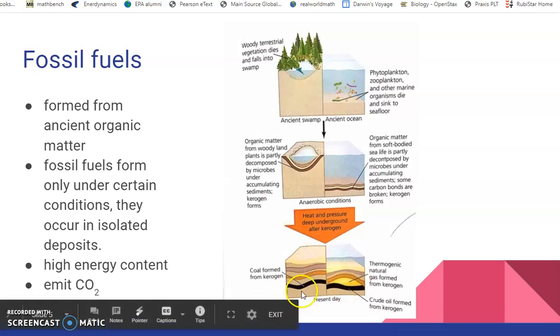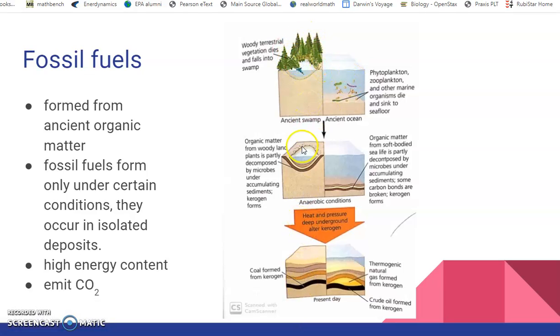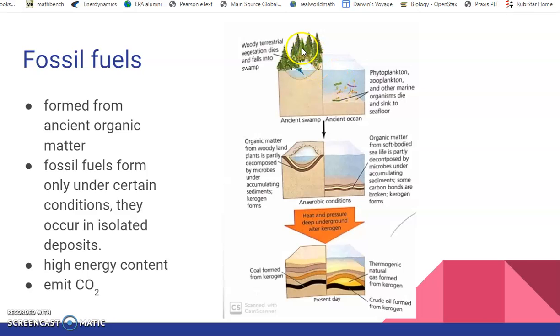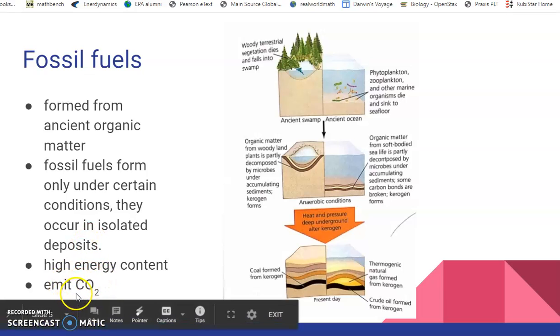Where these formations form varies because it needs these conditions, and also the conditions as they're decomposing to be the right conditions. As I said before, they have a high energy content. And because these all come from organic matter, they all have varying amounts of carbon, and so they all emit CO2, which we know is a greenhouse gas.